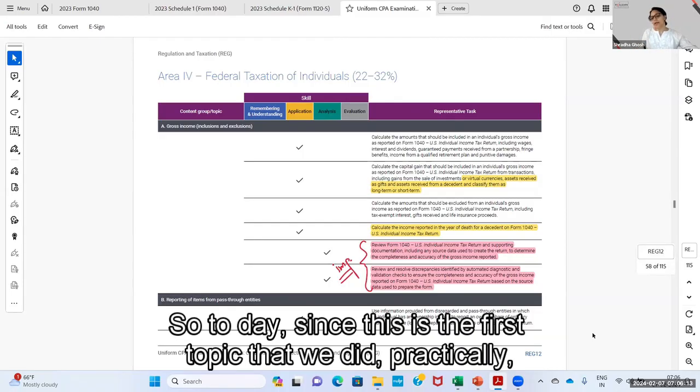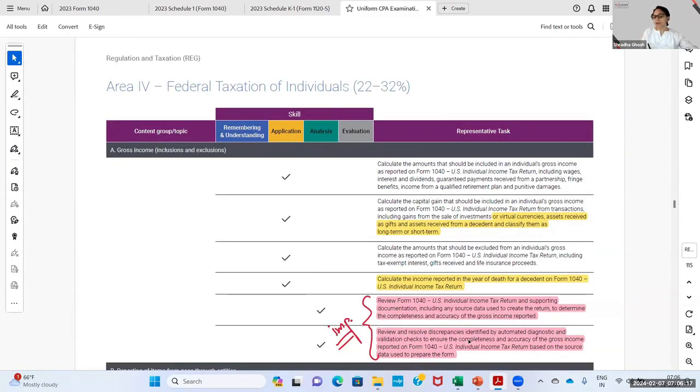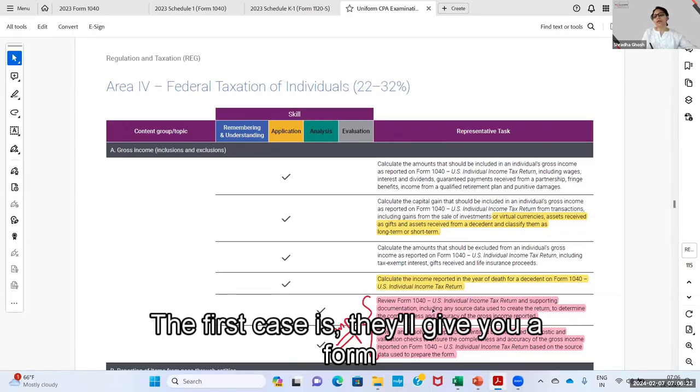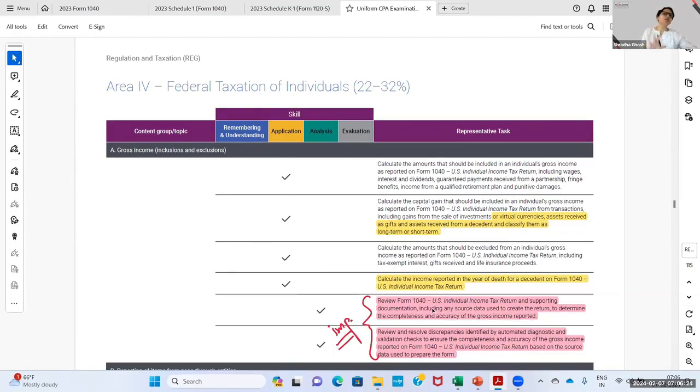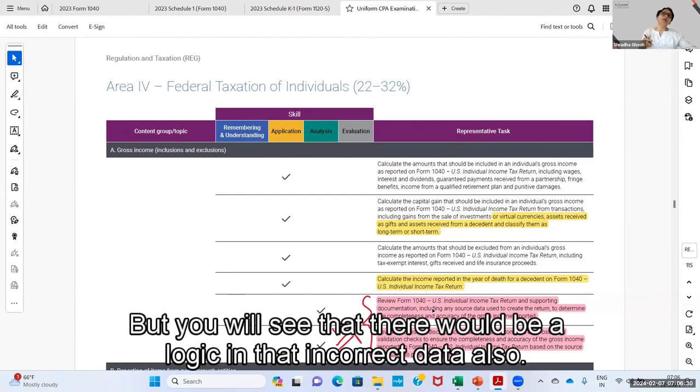So today, since this is the first topic that we did practically, I will take a comprehensive sim in both the cases. The first case is they'll give you a Form 1040, that form will be incorrect, and a novice would have attempted that form. But you will see that there would be a logic in that incorrect data also.